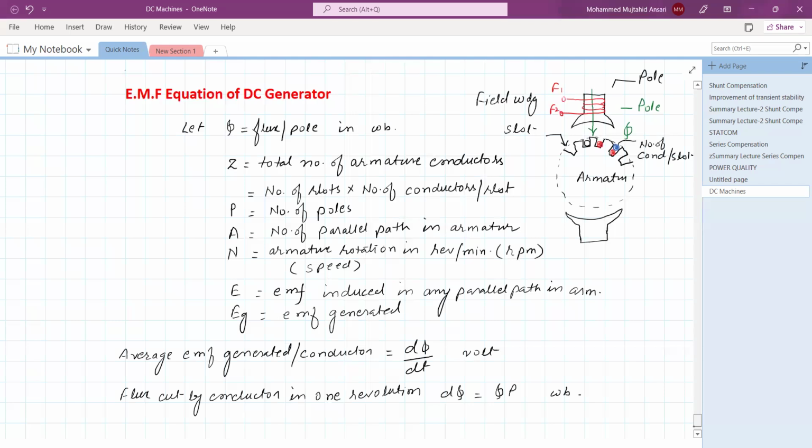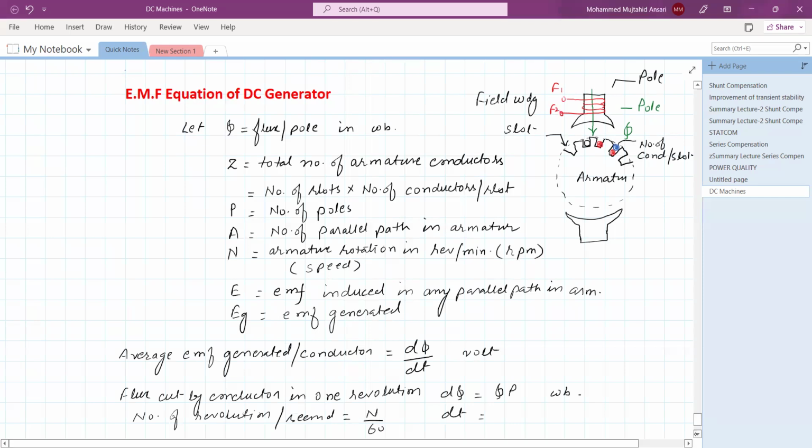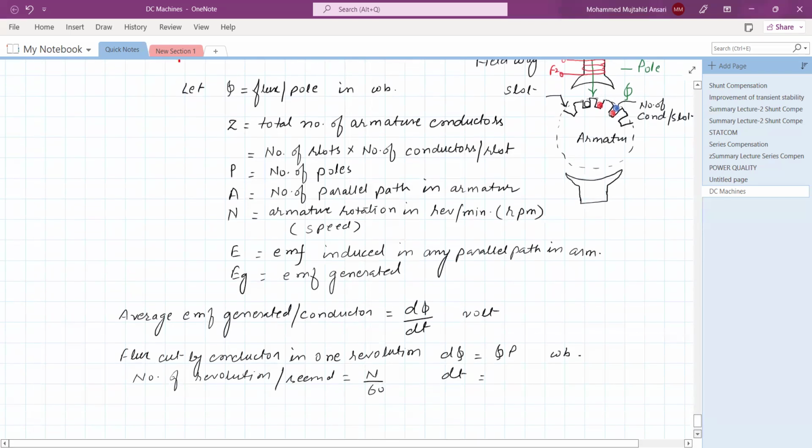Whereas the number of revolutions per second is equal to N upon 60, since N is per minute, so this is per second.